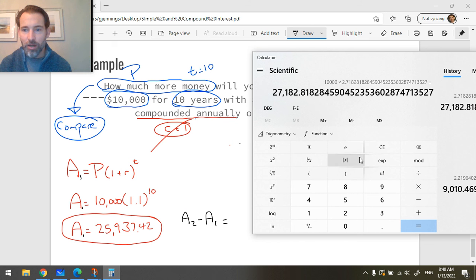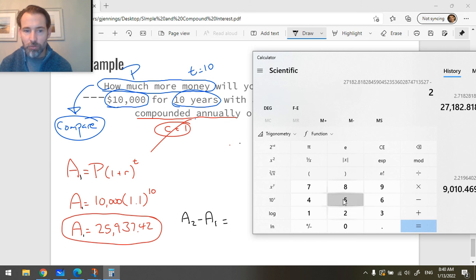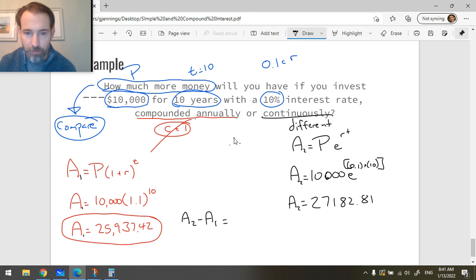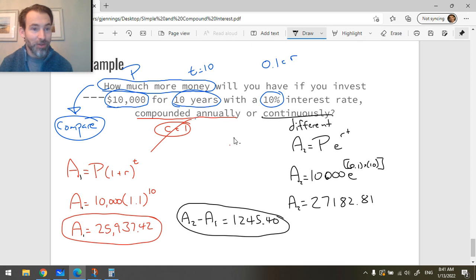We have this number here, and we're just going to subtract this number, 25,937.42, equals this number here. You will have 1245.4. There. This is how much more money you have by compounding continuously.